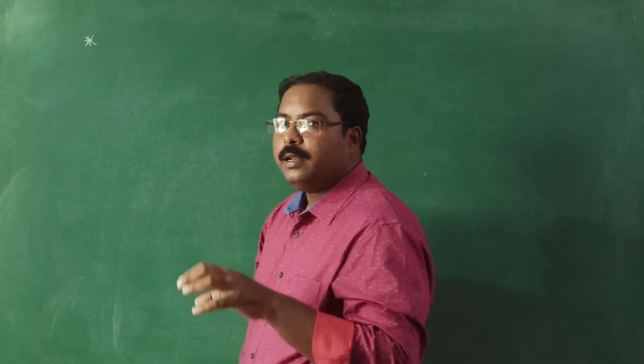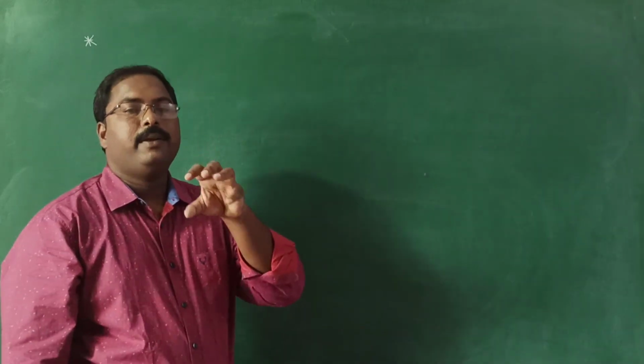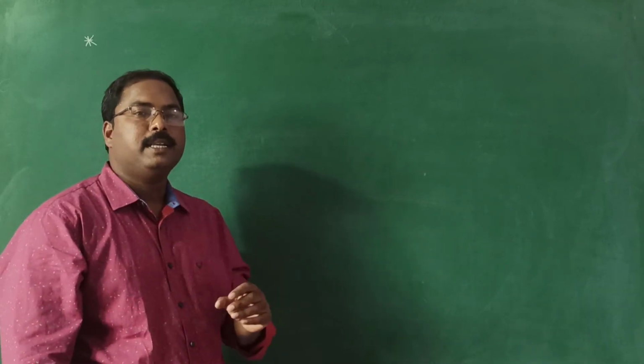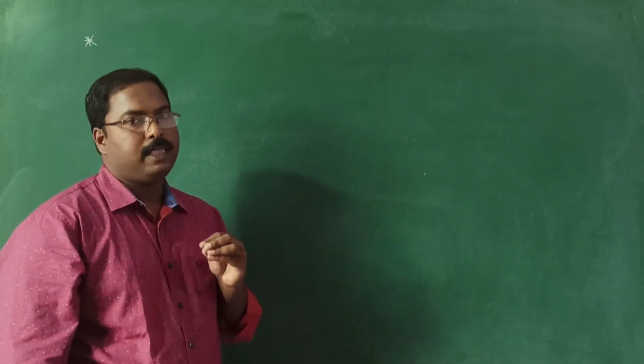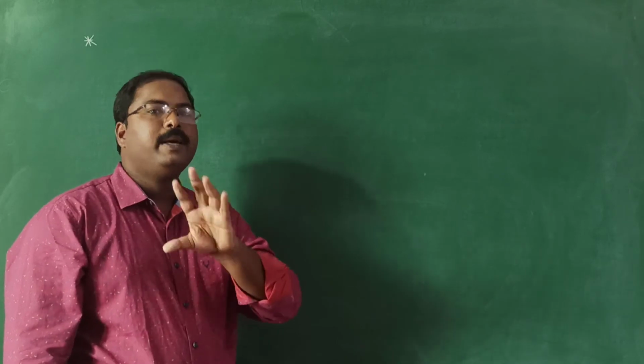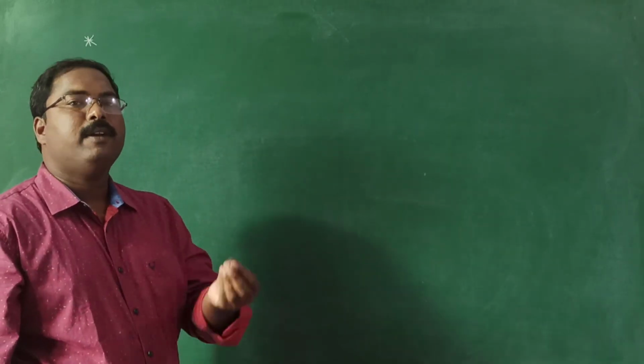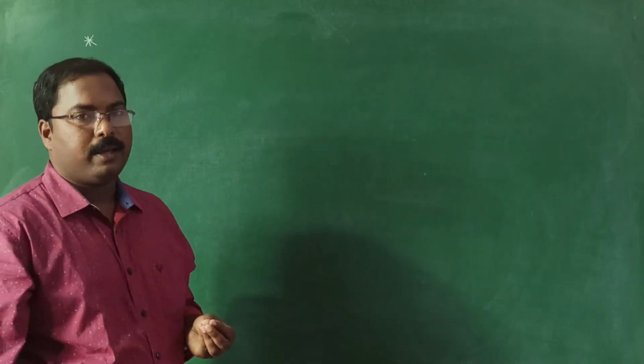Now Bohr gave a derivation, which is not needed for us. For competitive exams or any type of examination, we don't need the derivation of all the formulas. We need to remember the formula. That is our main thing, because from the competitive exam point of view, they will ask numericals related to the formula.